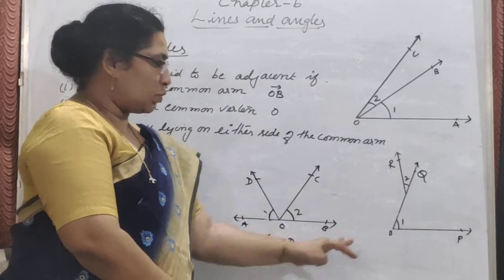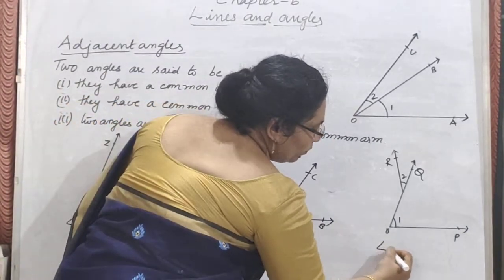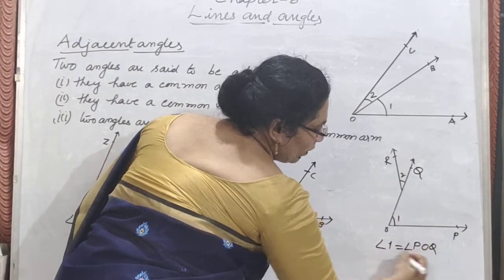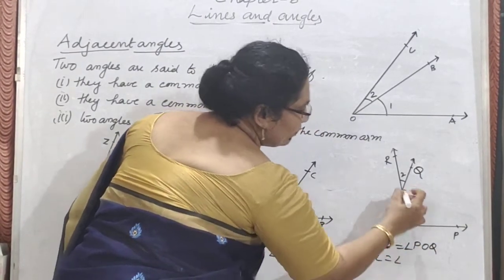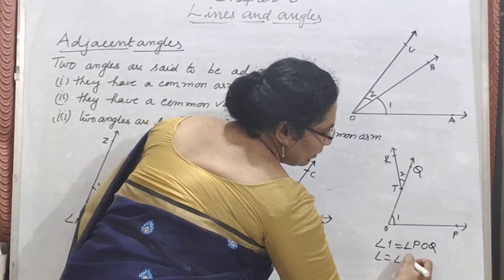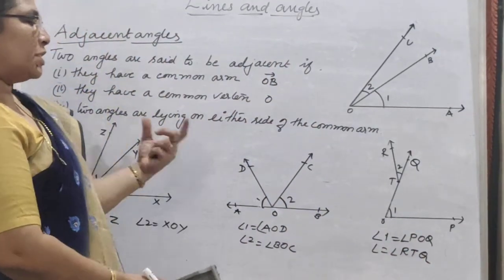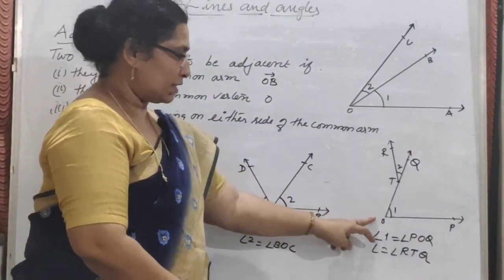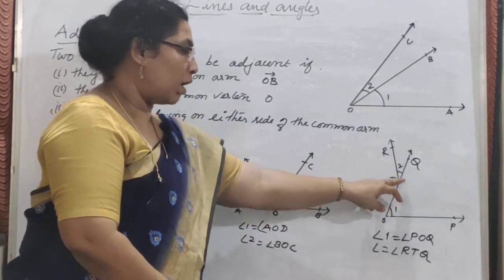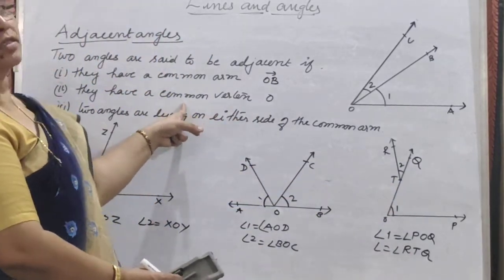Now what about this one? Angle 1 and angle 2. Angle 1 means angle POQ. Angle 2 means angle RTQ. Right? Now which is the common vertex? No common vertex is there. Angle 1 is formed with the vertex O, angle RTQ is formed with the vertex T. So the second property is not satisfied.